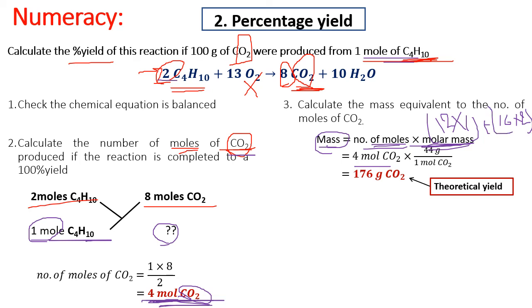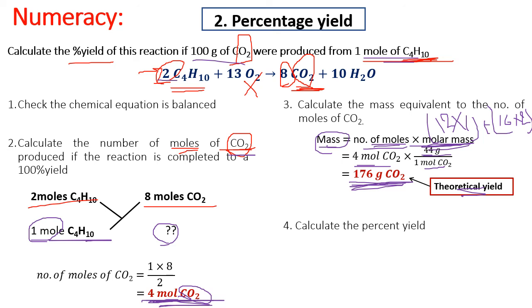So it will be 44 grams per mole of carbon dioxide. 4 multiplied by 44 will be 176 grams of carbon dioxide. So this is the theoretical yield that will be produced theoretically. But in the lab, we didn't get 176. However, we just got 100 grams.